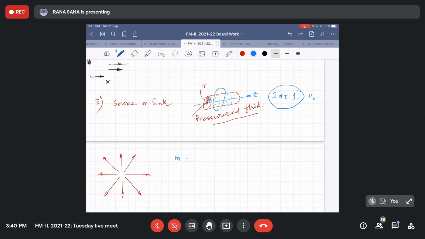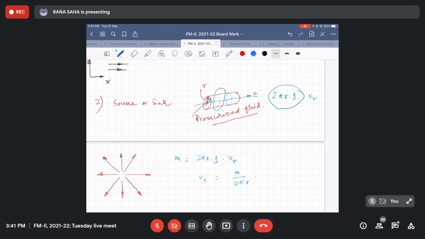So M equals 2 pi r into 1, the unit length, and the radial component of velocity VR. From which we get the expression of VR as M by 2 pi r.